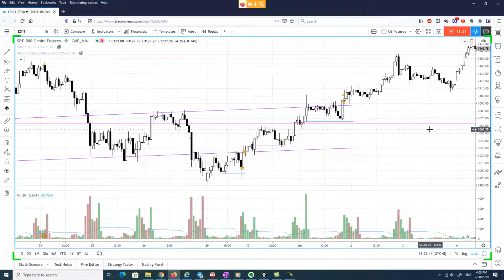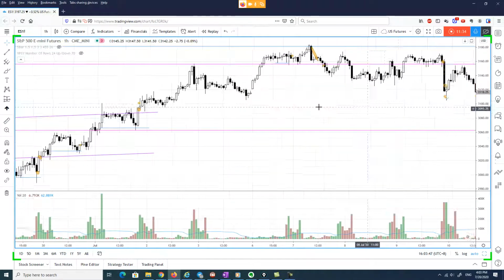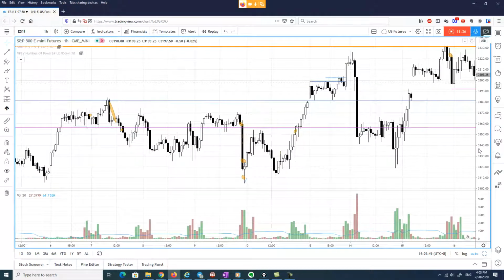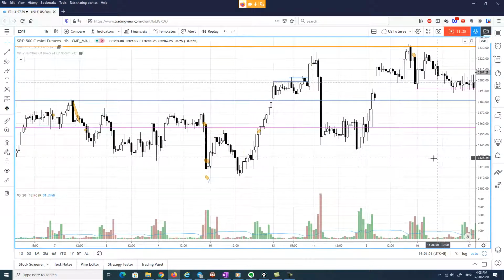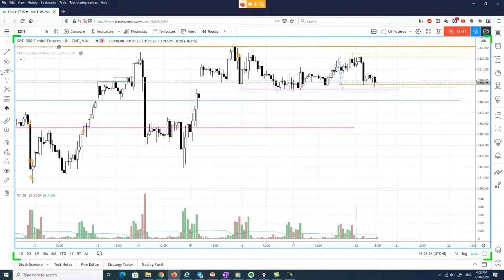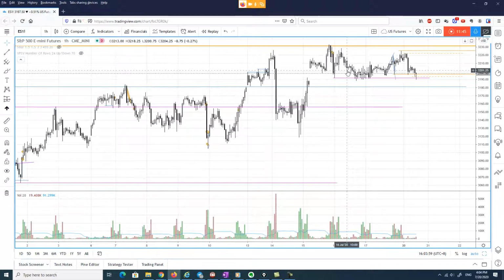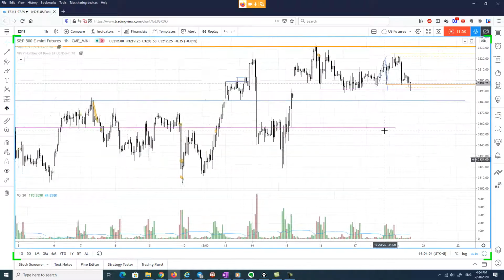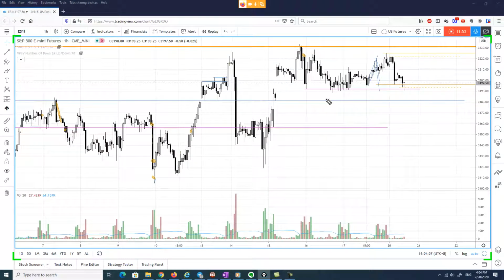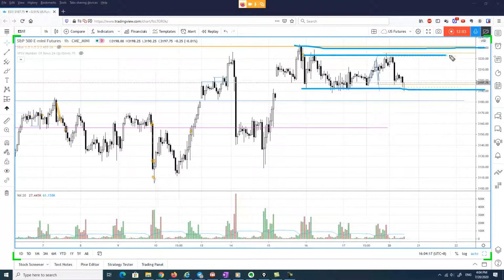All right, let me just drag to the current time frame a bit here. Okay, sorry about that. Okay, so here we go. So pretty much as I mentioned in my video earlier on, definitely we are still within this tight range from 3190, this is a support level here, to around 3230, or maybe this level here, 3220, somewhere around there.